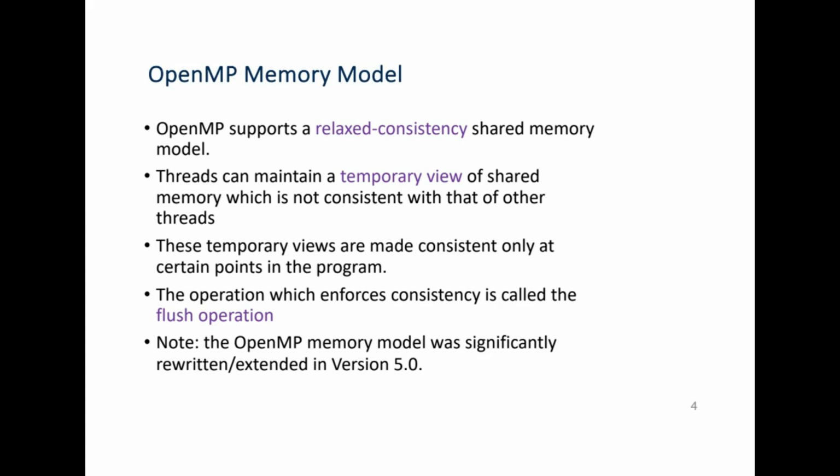So it's possible that two threads reading the same variable could see different values at the same time, and these temporary views are only made consistent with each other at certain points in the program. They're not guaranteed to be consistent at all times. As far as OpenMP is concerned, the operation which enforces consistency is called a flush operation.